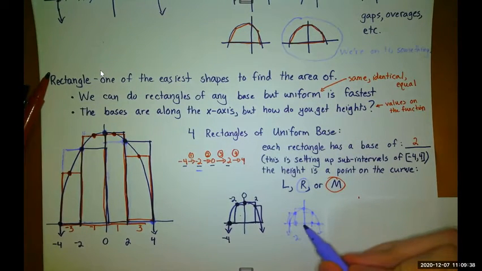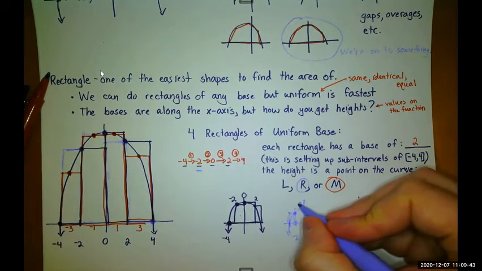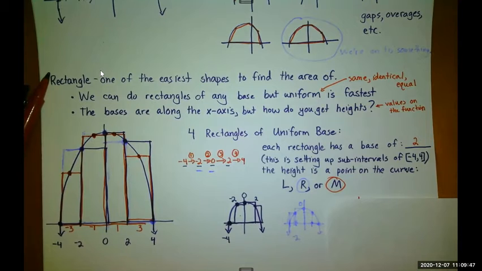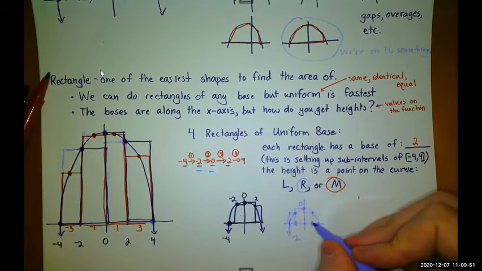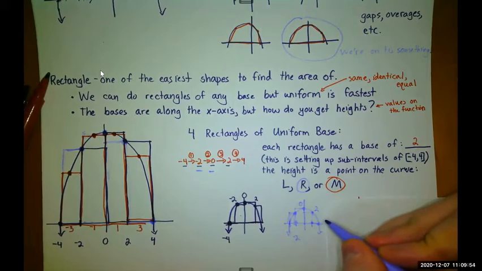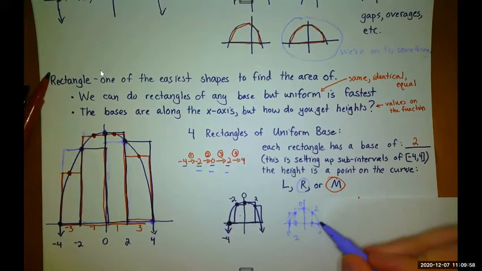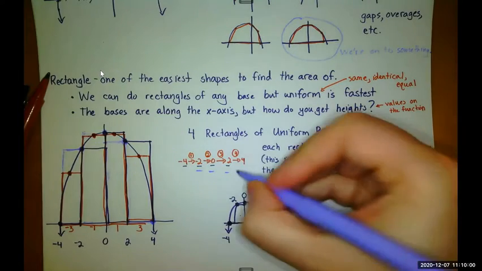And then from -2 to 0, the right side of -2 to 0 is up here at 0. And then the third rectangle from 0 to 2, the height is at 2. And the fourth rectangle from 2 to 4, the height is at 4.